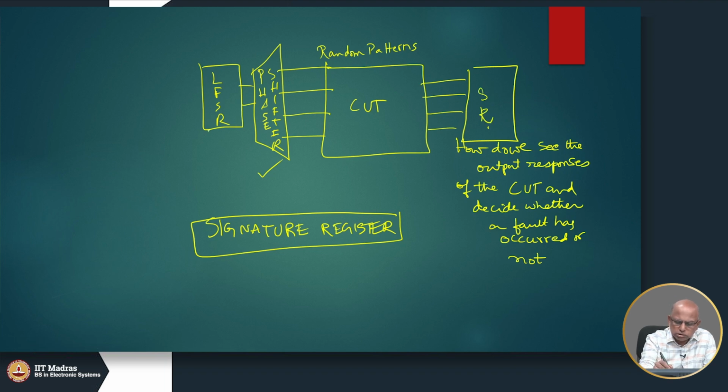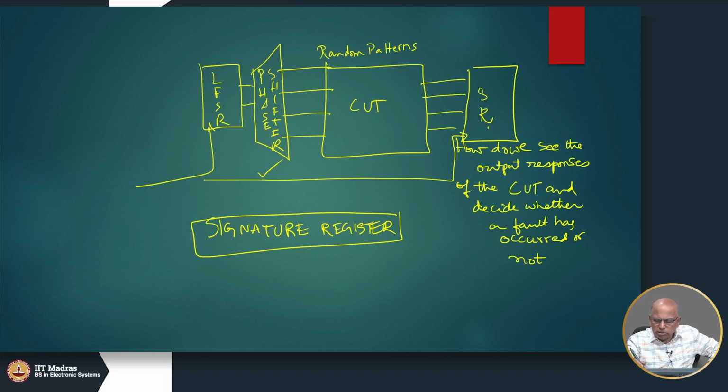So, the clock is common to all these three: the circuit under test, the LFSR and the signature register. We will initialize the LFSR with a seed and then we will start applying clock cycles.